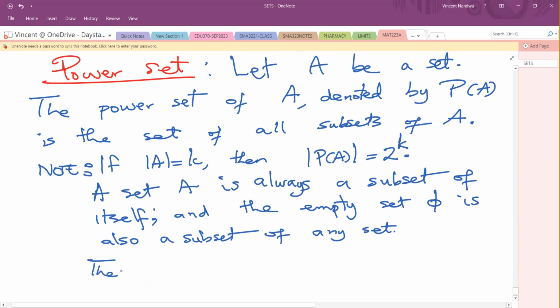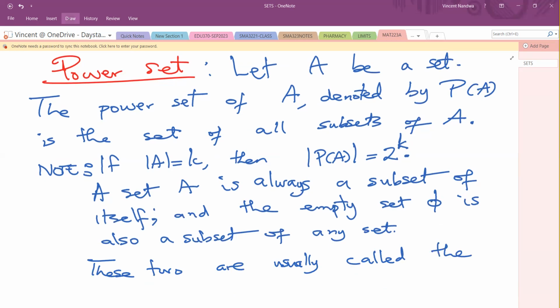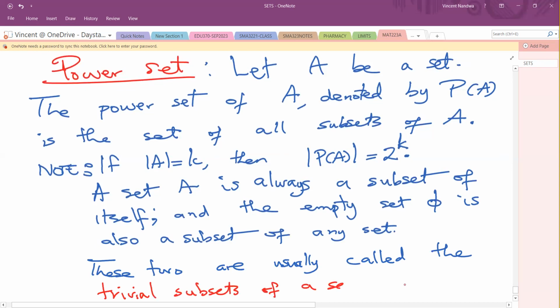So these two are usually called the trivial subsets of a set A. The empty set and the set A itself are called trivial subsets.